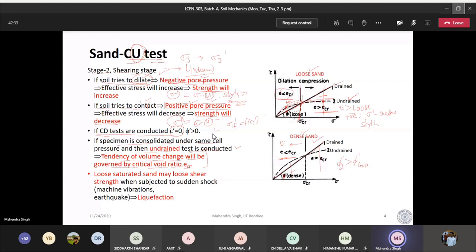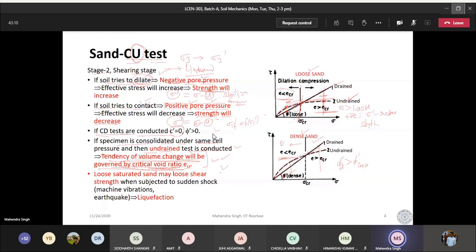The point I wanted to emphasize is that this is a little bit more complicated process, because the tendency of change in volume will be governed by the critical void ratio. If you are testing a soil which is at more than critical void ratio or at less than critical void ratio, it is going to behave in a different manner. But the undrained and drained results will differ like this.